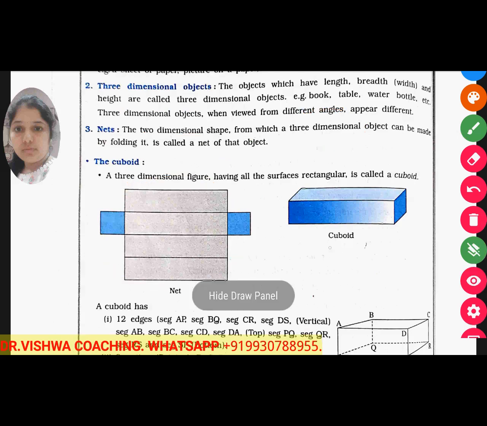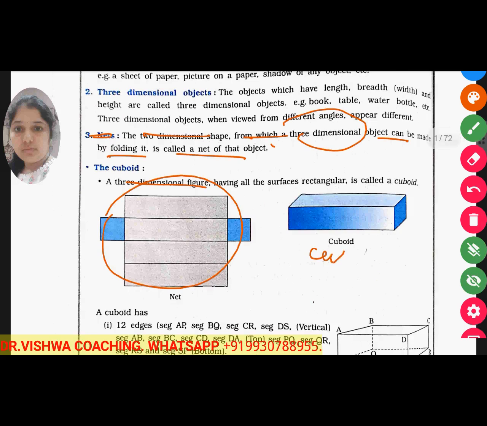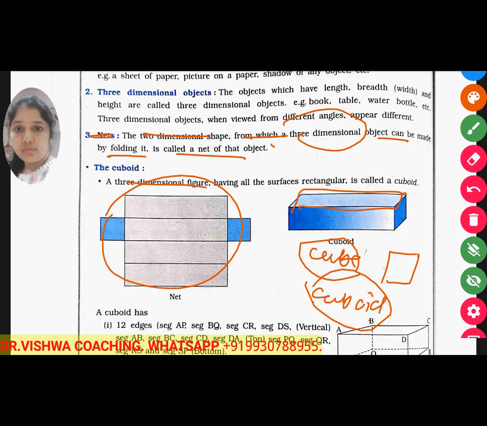Now see, there is a difference between cube and cuboid. A cuboid has all the surfaces rectangular in shape and a cube has all the surfaces square in shape.